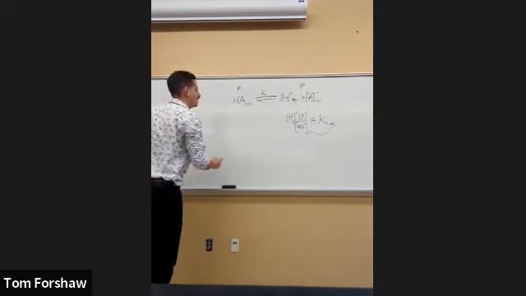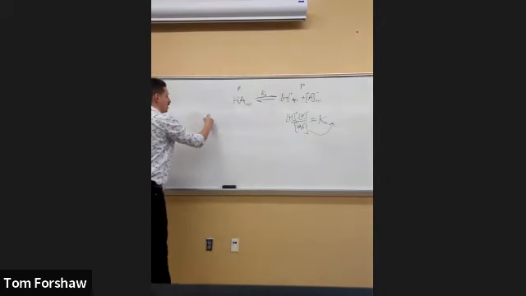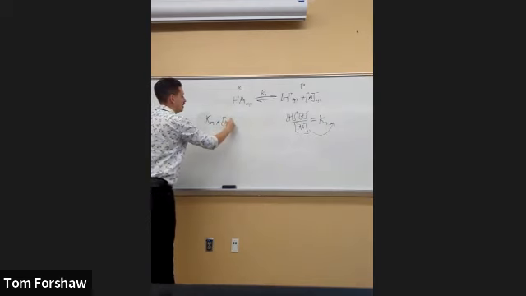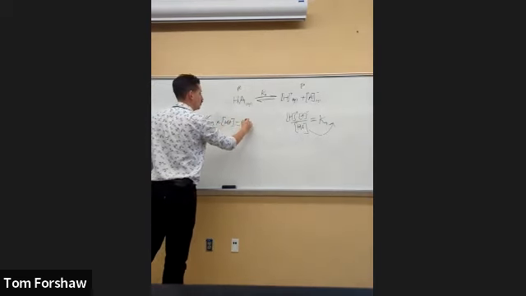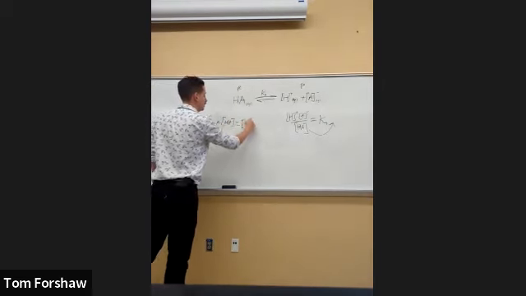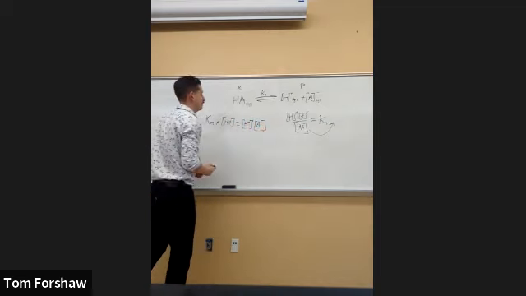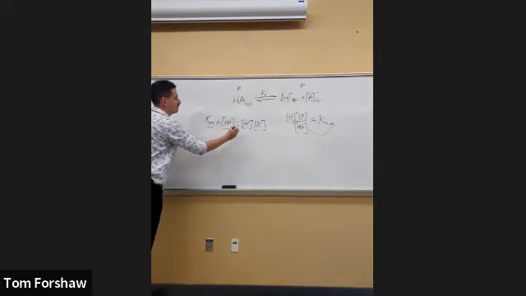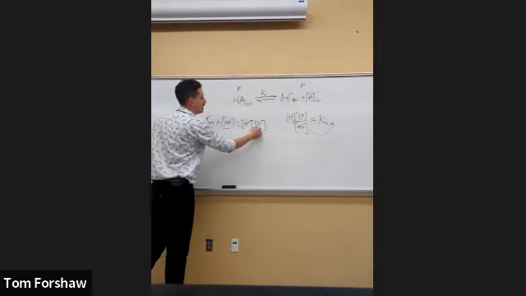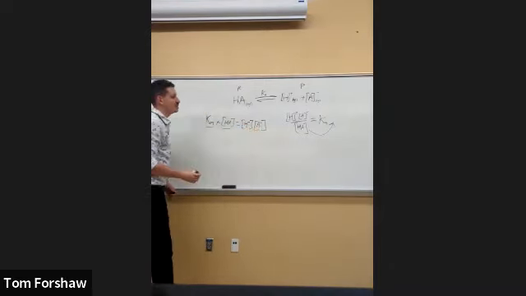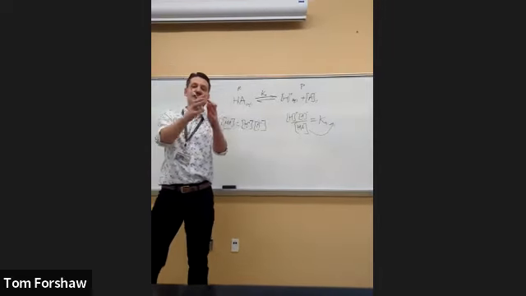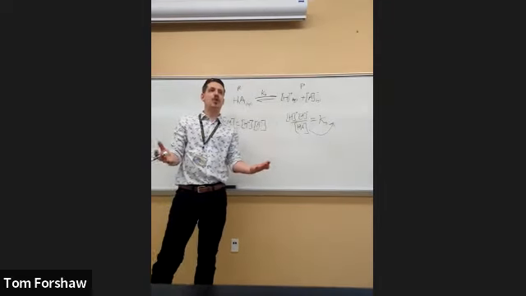So let's just go Ka multiplied by HA equals H plus A minus. And I've given you this number, I've given you this number. These numbers are always going to be the same, because something splits exactly in half.